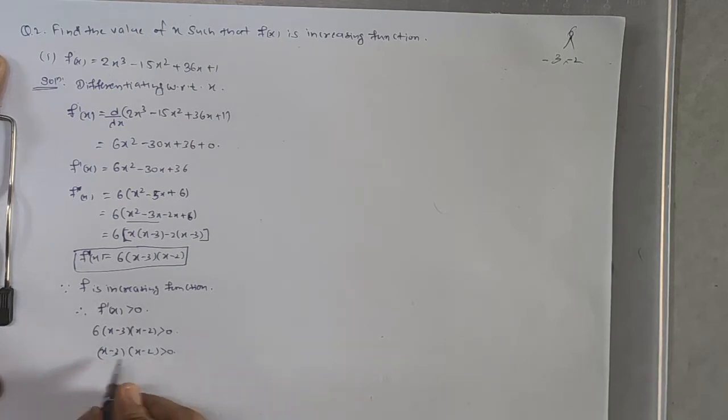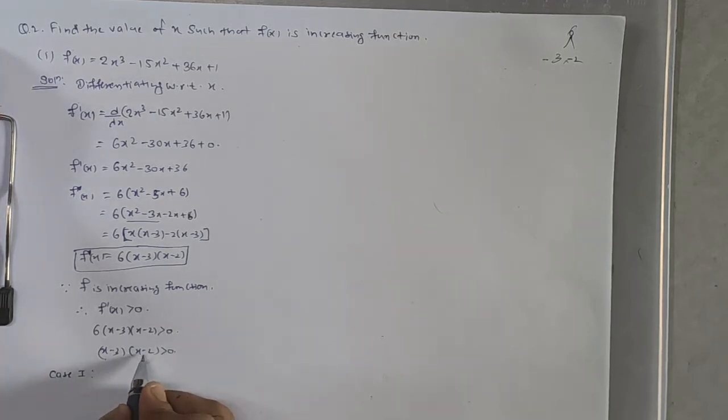When is it possible that the product of these is greater than 0? In the first case, when x minus 3 is positive and x minus 2 is positive. When both are positive, their product will be positive. Or when both are negative, x minus 3 is less than 0 and x minus 2 is less than 0, then their product will also be positive, since the product of two negative numbers gives a positive value, and the product of positive values is always positive.